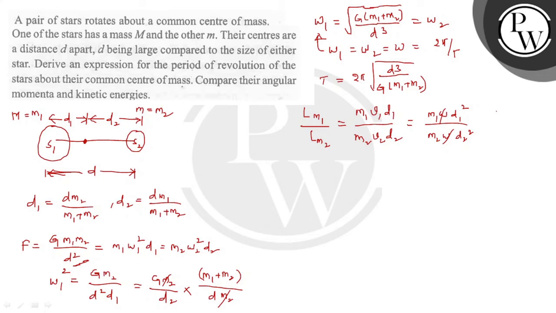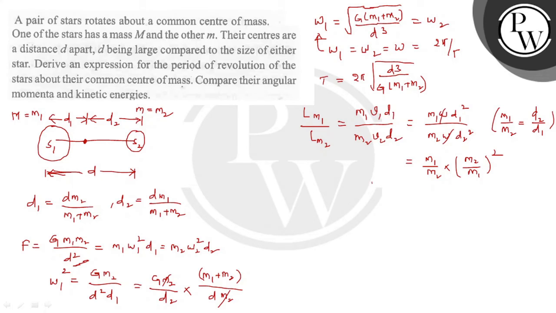Now m1 by m2 is equal to d2 by d1, so this changes to m1 by m2 into m2 by m1 whole square.